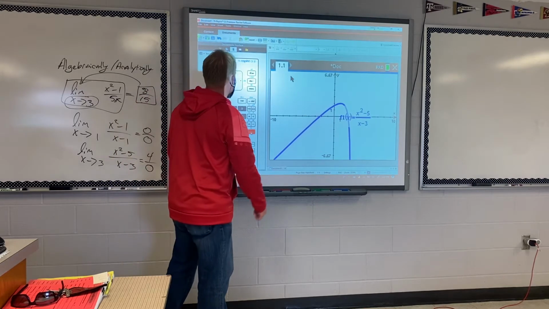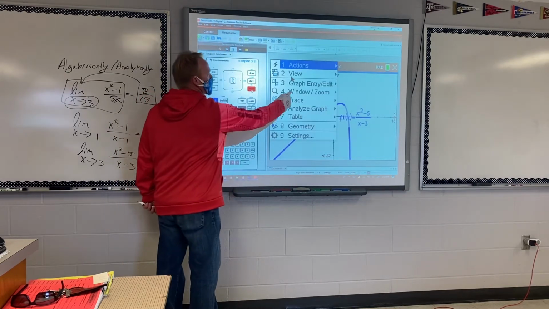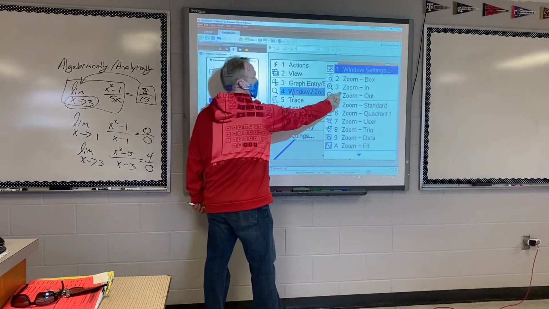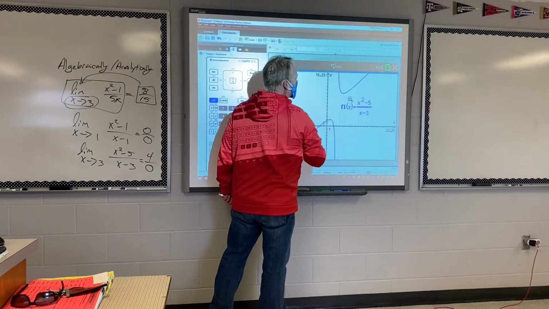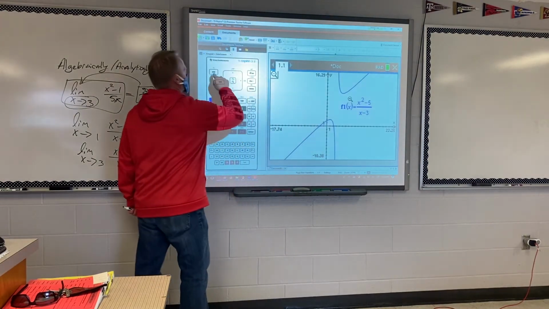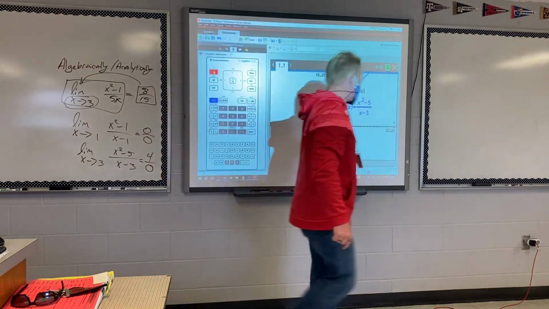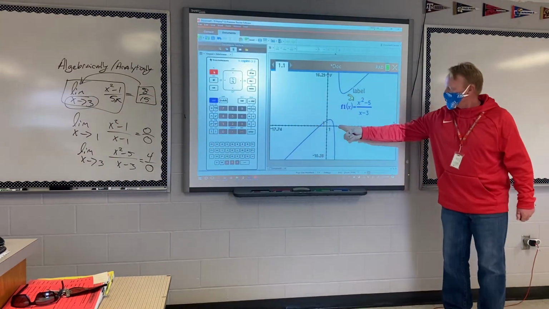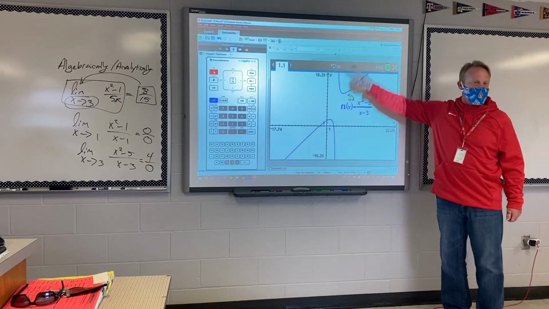Enter that. Okay, let's zoom out: menu, zoom out, and we escape. So, as you can see, 3 is right here. I've got a vertical asymptote.